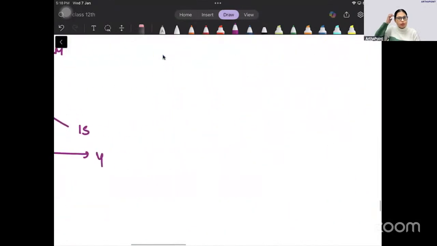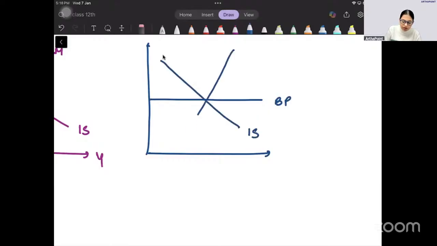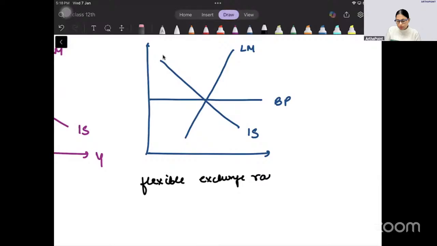So usually, under normal circumstances, when I have perfect capital mobility, this is my BP curve, this is my IS curve and this is my LM curve. Under usual circumstances, when we talk about flexible exchange rate, we say, okay, there is an increase in government expenditure.